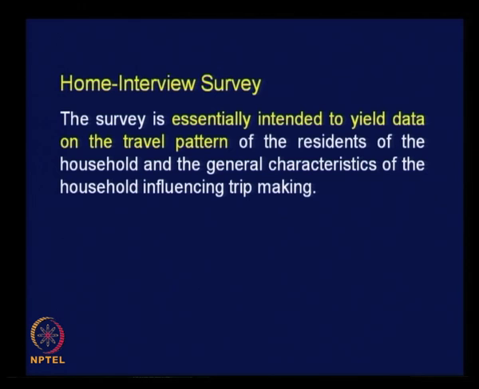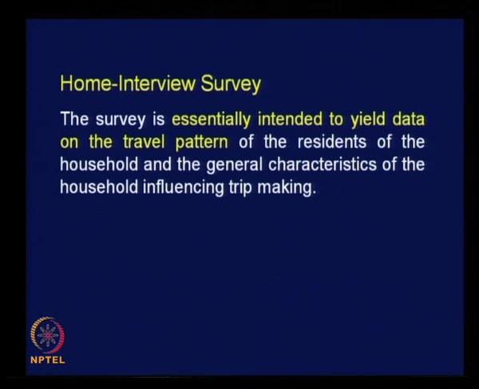These are the two things we are interested in: the actual travel made by the households and information related to the factors that influence the trips made by the members of the household. That is our interest, because we need data on these aspects to develop trip production models, right.